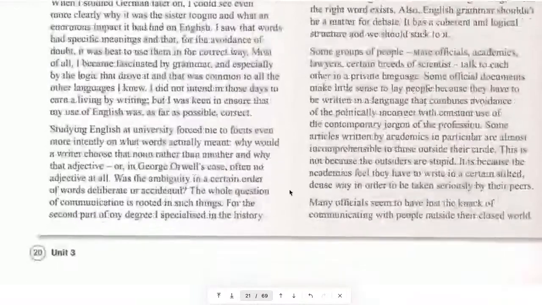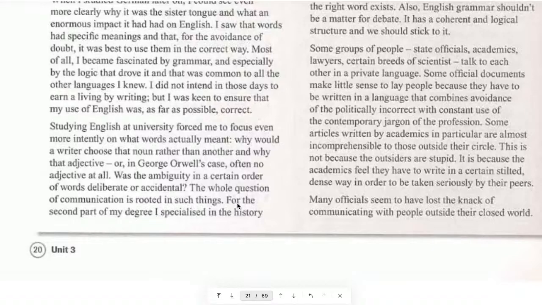Okay, so you say that we can find something about word order here.